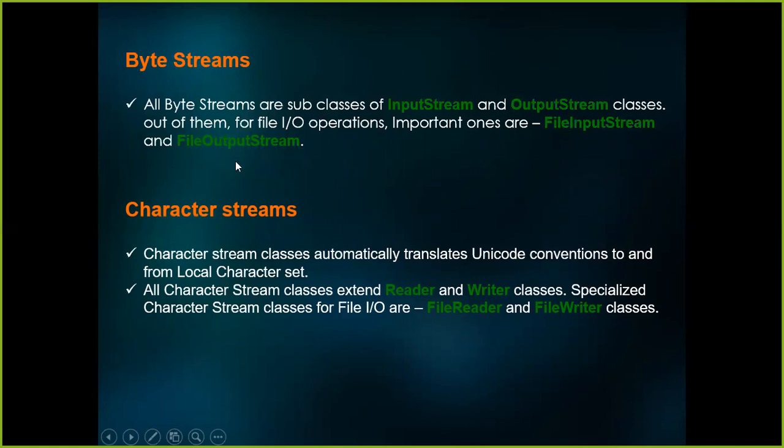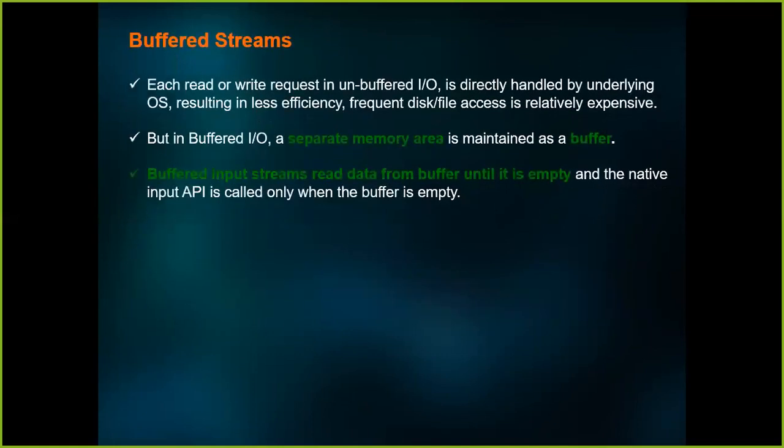And to write to a file byte by byte, FileOutputStream is the class. Similarly, if you want to read a file character by character, you have the FileReader class available. And if you want to write character by character, you have a FileWriter. But these two are not directly used. They will be used along with the buffered streams, something like this.